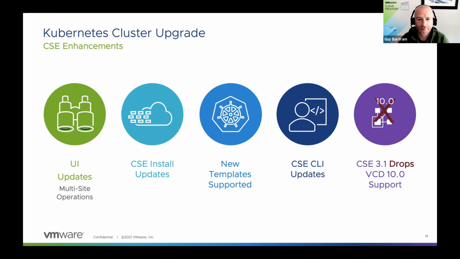Okay. And the next one is, with the new UI, you can perform a cluster upgrade for native Kubernetes clusters as well as Tanzu Kubernetes clusters. For Tanzu Kubernetes clusters, of course, you don't need the Container Service Extension service to run, but for native clusters, for the upgrade to work, the service has to be up and running.